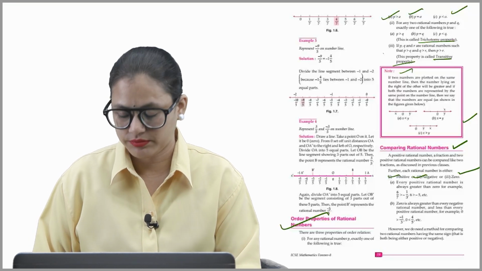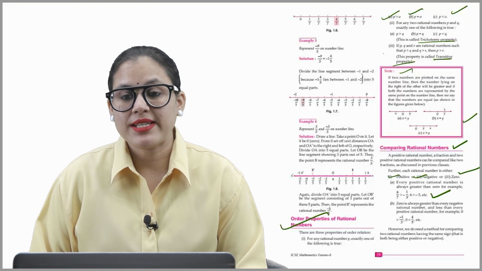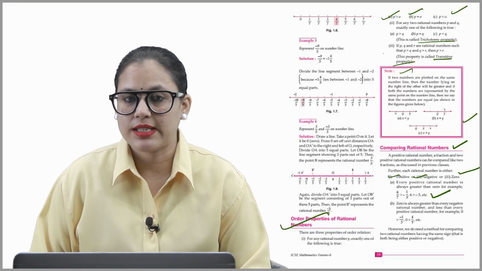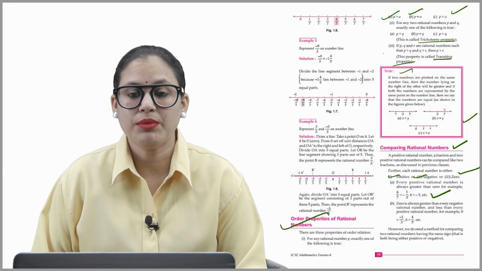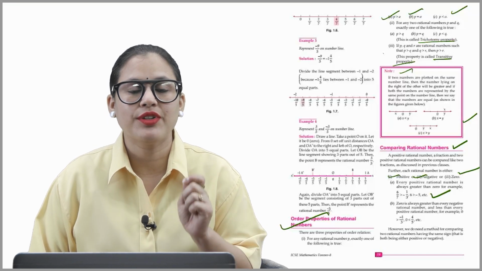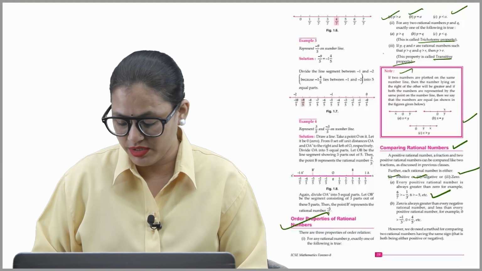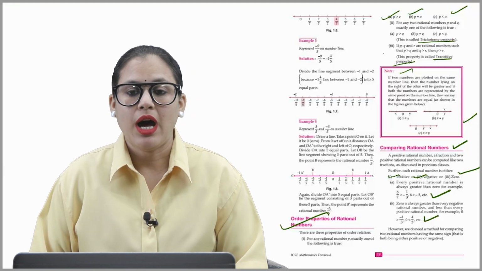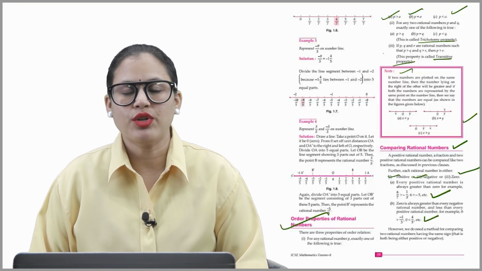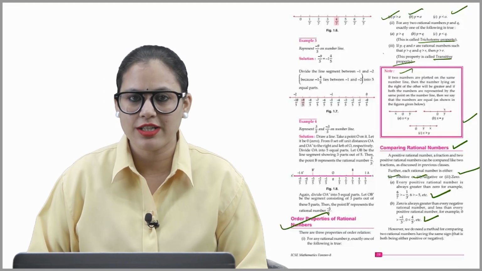For example, 6 by 7 is greater than minus 1 by 2, and 6 is greater than minus 5. Number B, 0 is always greater than every negative rational number and less than every positive rational number. For example, as you can see here. However, we do need a method for comparing 2 rational numbers having the same sign, that is, both being either positive or negative.